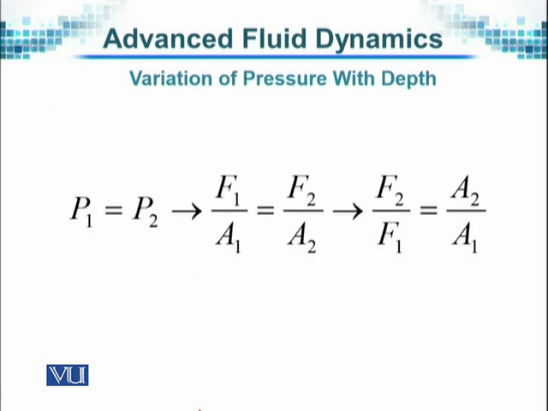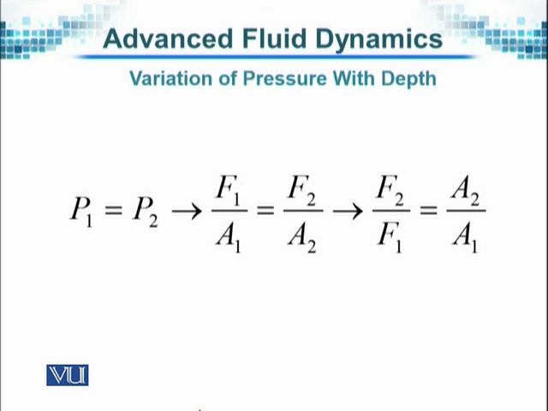And then this turns out to be the pressure in the end. Suppose P1 equals P2, and this result implies what? Pressure at a point is known to be force per unit area.